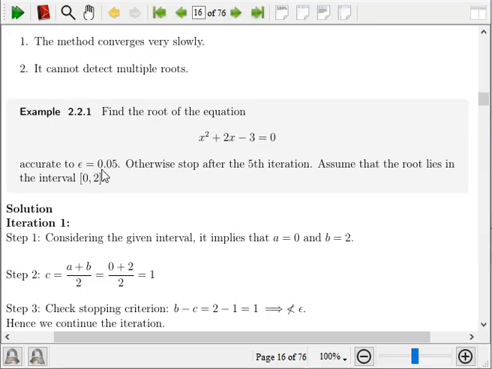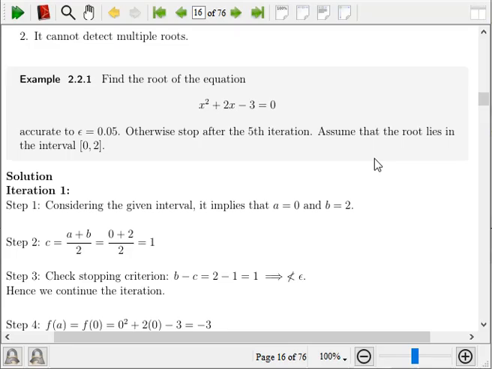If it's less than epsilon, we will stop, but if it's not, we move on. We are also assuming that the root lies within the interval 0, 2.